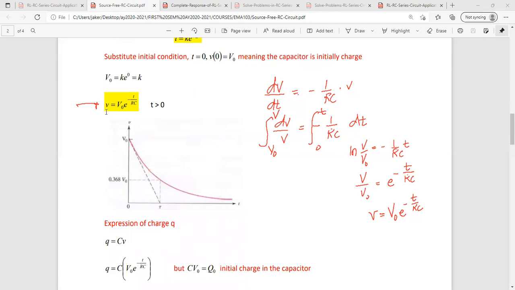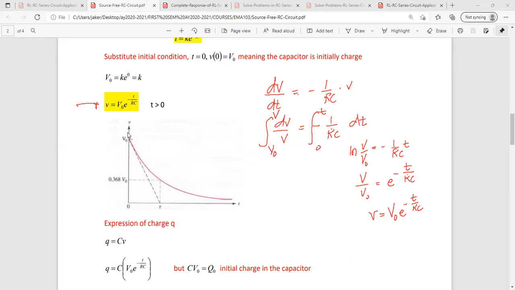Okay? Now, if you recall also last Monday, I showed you the behavior of the current in a source-free RL circuit as time increases, and it's an exponential decay. The shape of the curve is similar to this one. This curve this time does not give you the relationship between current and time, but voltage, V. So we have V here, and this is time.